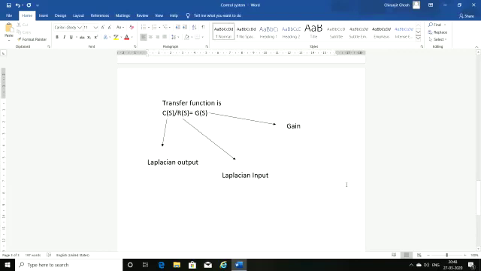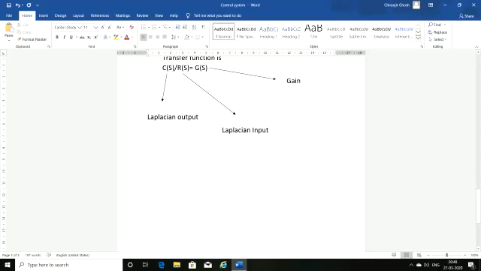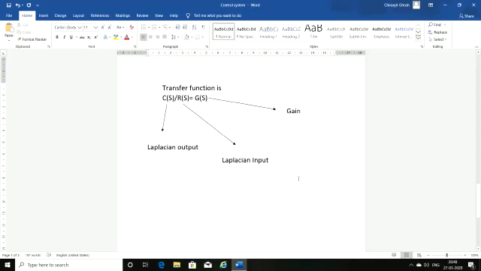So we can say that the transfer function for an open loop control system is the Laplacian output by the Laplacian input, equal to G(s), which is a gain. Okay.